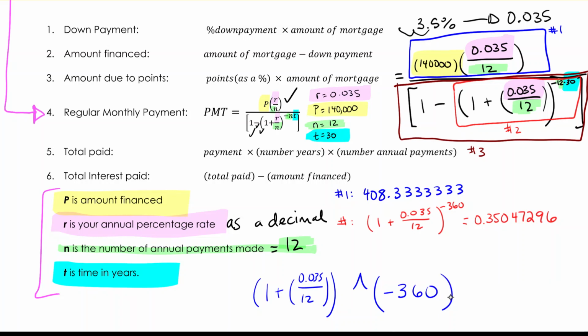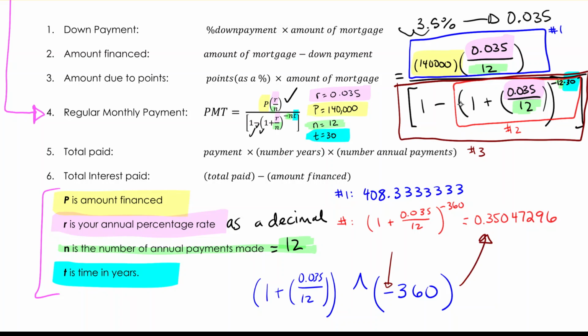And one thing to note as well, look at your calculator. There should be a minus symbol that is different than your subtraction symbol. Don't use your subtraction symbol here. Depending on your calculator, it might look like this, but just look for the minus symbol that's different than your subtraction. So we type that in and we got this value.